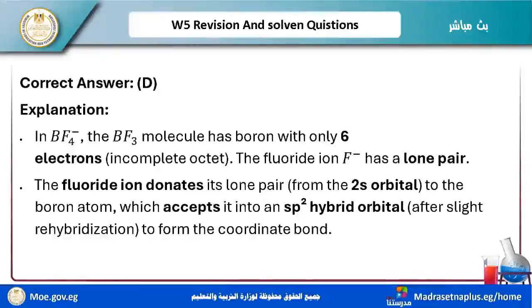The fluoride ion F negative has a lone pair. The fluoride ion donates its lone pair from the 2s orbital to the boron atom, which accepts these electrons into an sp2 hybrid orbital after slight hybridization to form the coordinate bond.